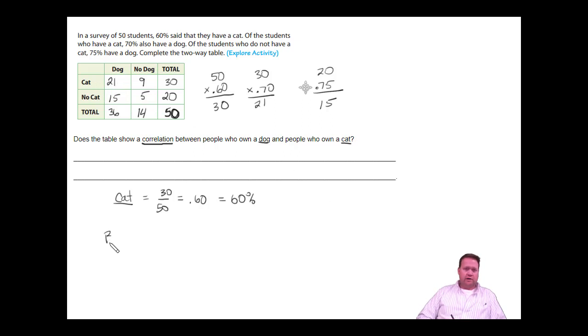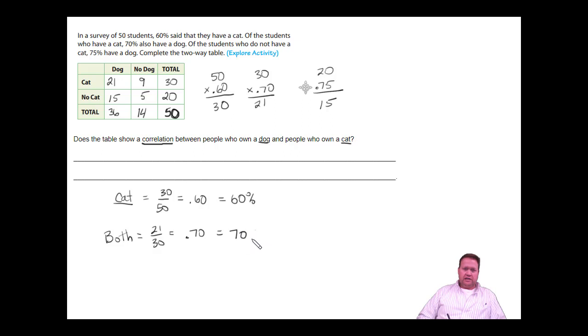So we want to know, is there a relationship between owning a cat and also owning both? Out of owning a cat and owning a dog, that's 21 of our cat owners own a dog out of the 30 cat owners that we asked. So 21 over 30. And if you divide that in a calculator, you will get a nice round 0.7.